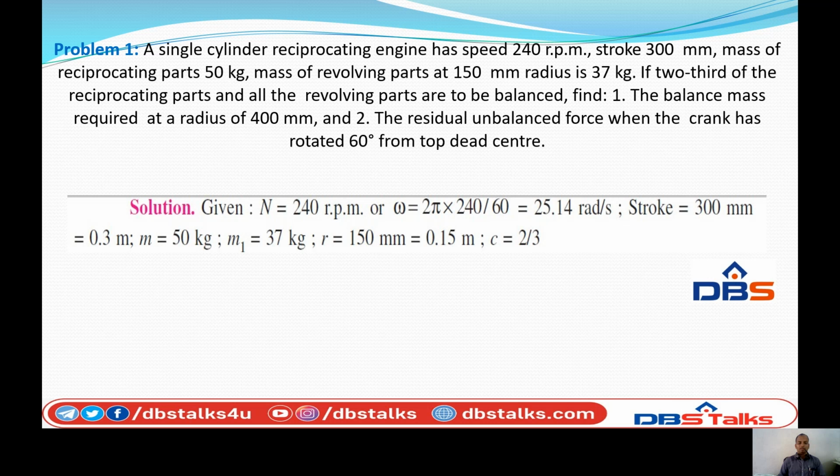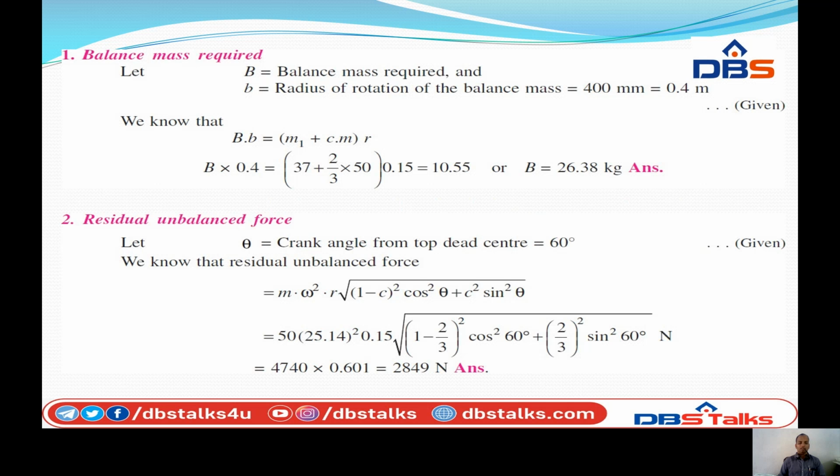That means small b, the radius of rotation of the balancing mass, is given, and we need to find capital B. The balancing mass is required at a radius of 400 mm, that is 0.4 meters. And what is the residual unbalanced force when the crank is rotating at 60 degrees from the TDC, top dead center? So let us find the formula.